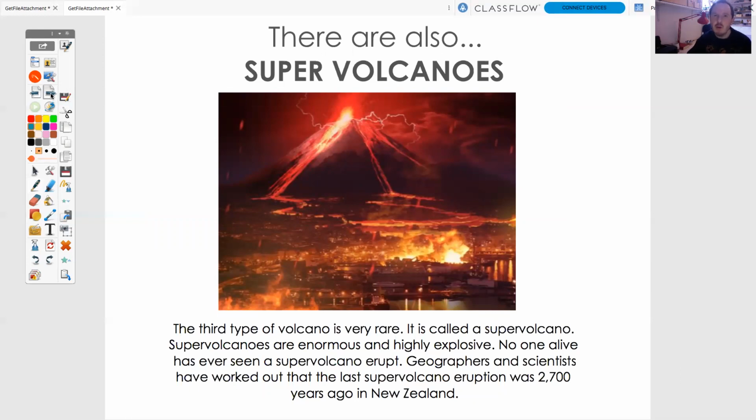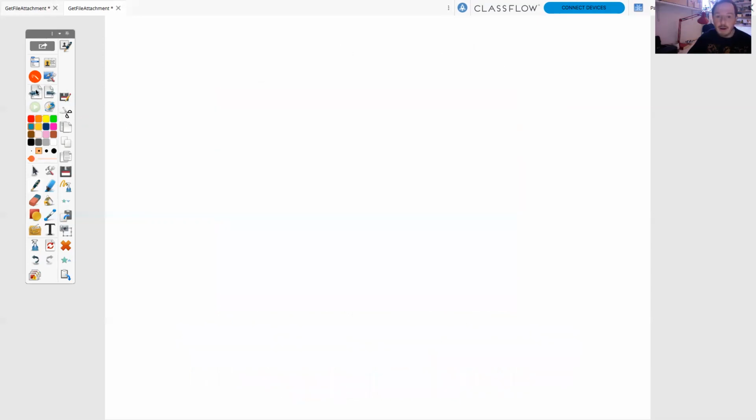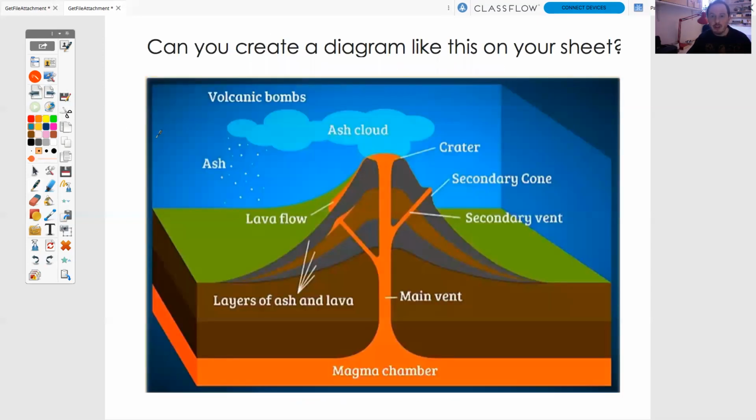So no one alive, no one's that old, are they? I don't think so. So no one alive has ever seen a supervolcano erupt. But my goodness, they're enormous. There's no sense of if it would happen soon, but it's been a long time since the last one happened, a super volcano.